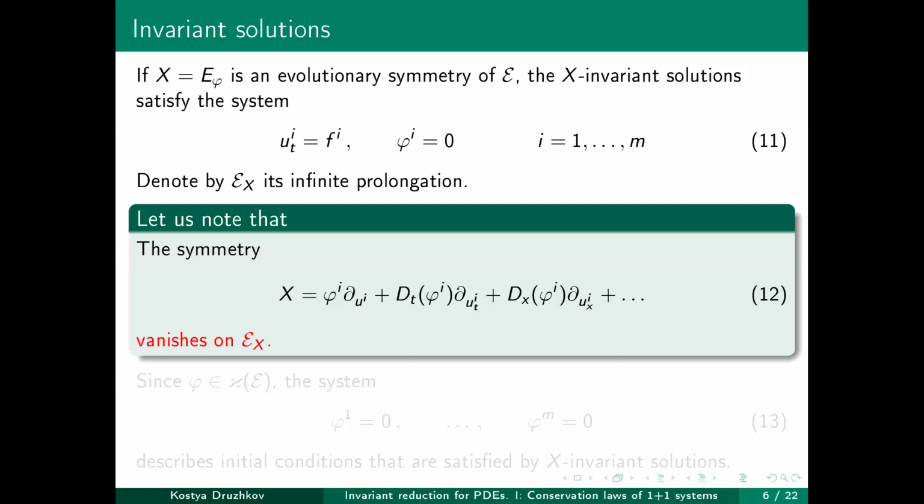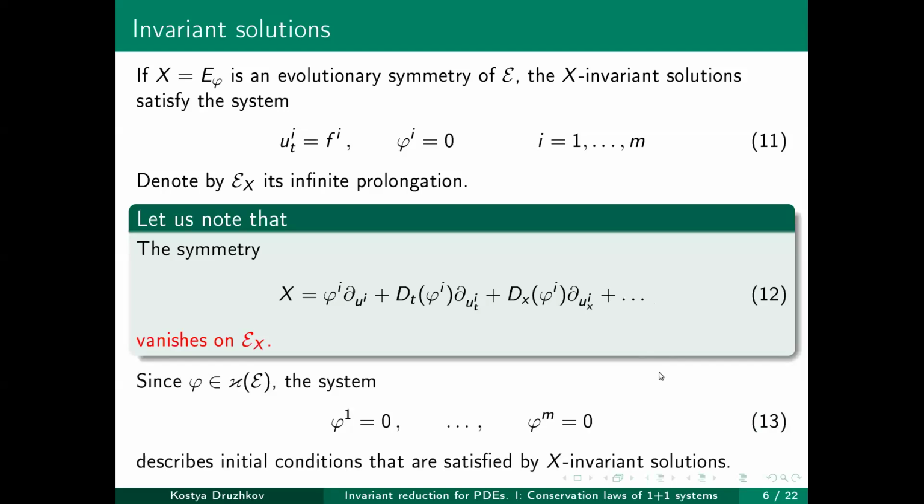So we are going to use this observation to propose another reduction mechanism, not based on the inclusion itself, but based on the fact that this symmetry vanishes on epsilon x. Since we consider characteristics belonging to the module couple of epsilon, the system 13 describes initial conditions that are satisfied by the corresponding X invariant solutions.